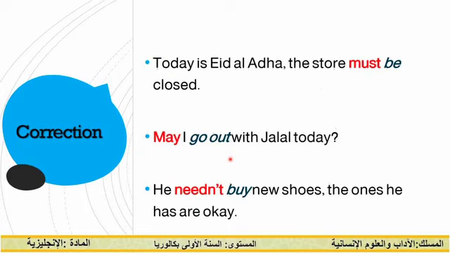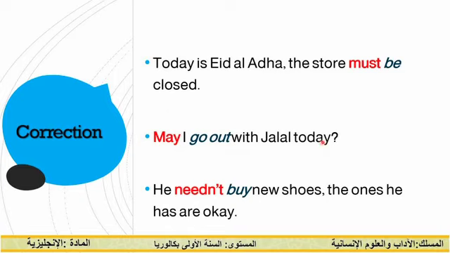Have you done the exercise in your copybooks? Okay, now we are going to correct it. Today is Eid al-Adha. The store must be closed. So we are sure that the store is closed. This is about certainty, not obligation. Then we see that it's may I go out with Jalal today?